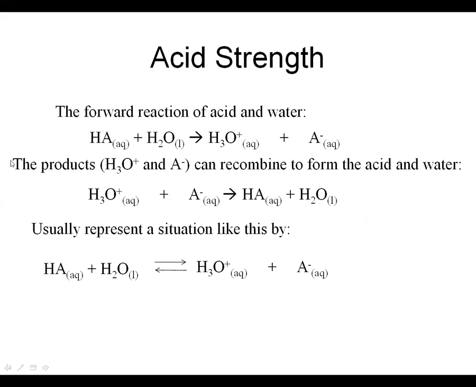Some of those can recombine, and this would be an example, again, of that reversible reaction, which tells us it's weak, like a weak electrolyte. So something like hydrofluoric acid is a weak acid. When it breaks apart, it does break apart into H plus and F minus.